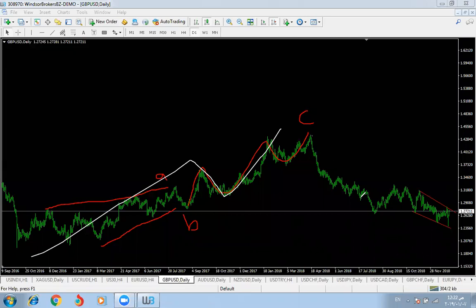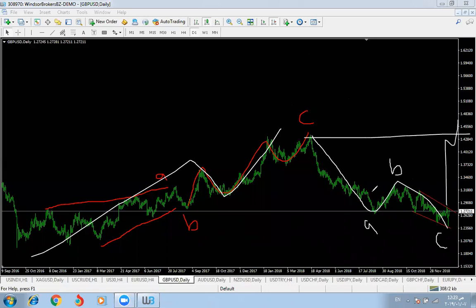This is A, B, and this is wave C. And we have to see price moving to the upside, at least to this top, to around the 1.42 to 1.43 area.